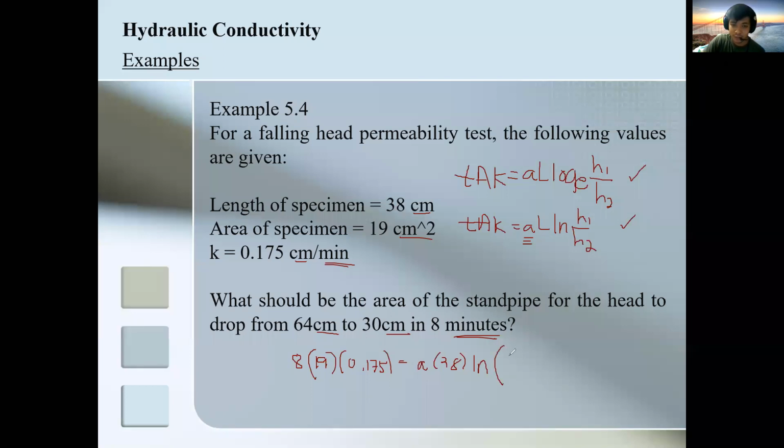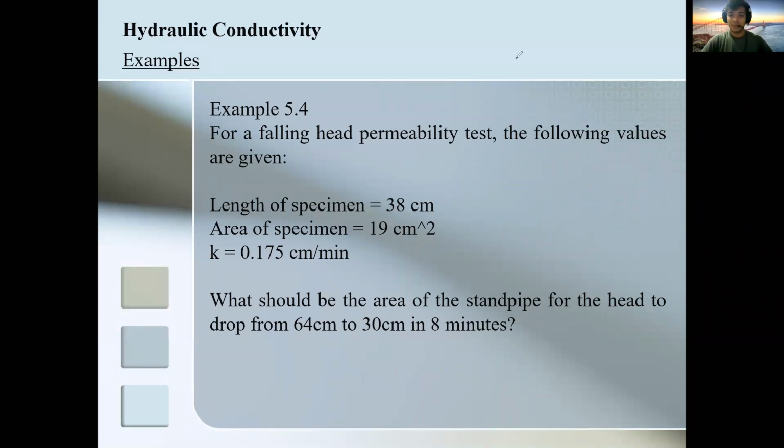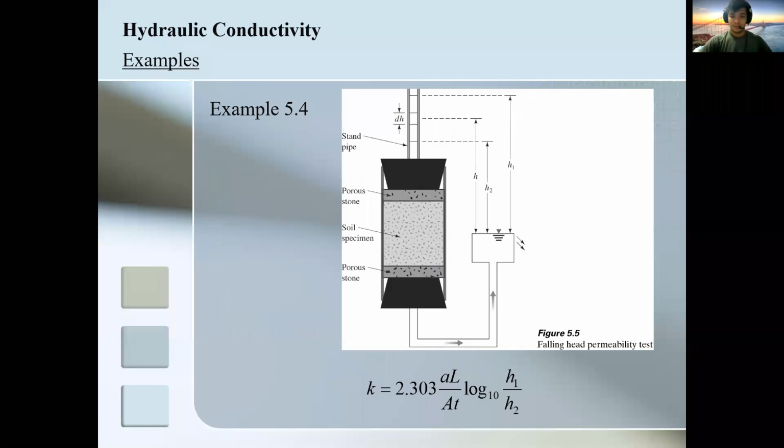H1 is 64, the initial, going towards the final 30. So the only unknown is the small a. Then you can solve for a. Easy. So again, if you use this formula, the answer is still the same.